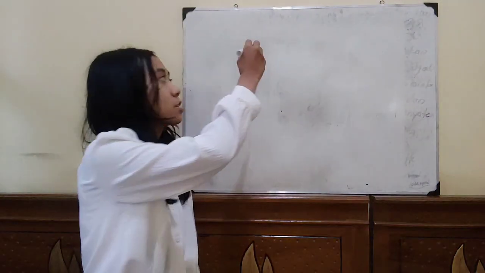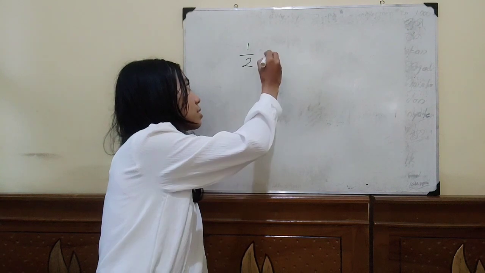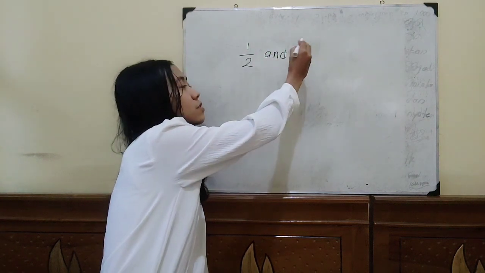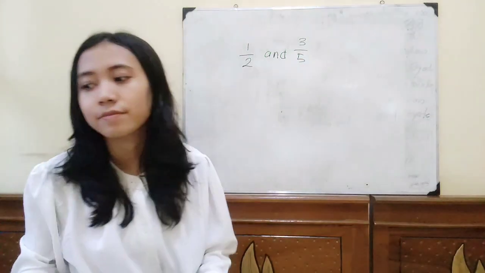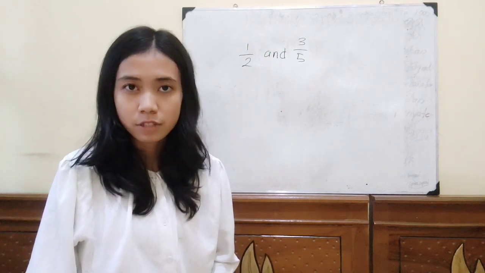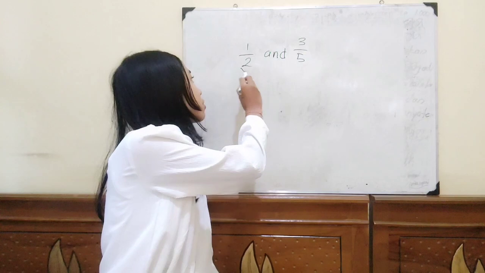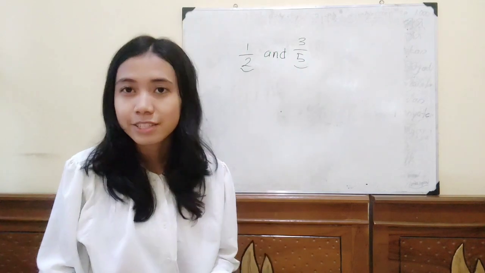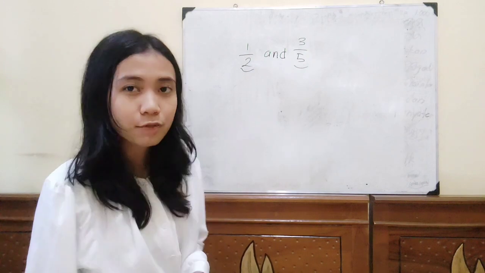Next is comparing fractions. Comparing fractions means determining the larger and the smaller fractions between any two or more fractions. For example, how to compare the fractions a half and 3 over 5. The first step is to observe the denominators of the given fractions. 2 and 5 are different, so let us find the LCM of 2 and 5.